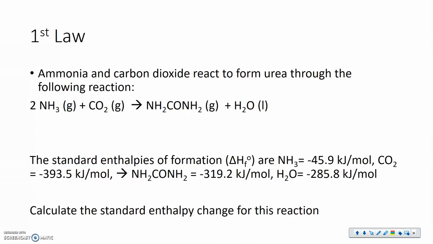So, for example, ammonia and carbon dioxide form urea and water. The enthalpies of formation have been given to us. If they weren't given to you, you could look them up. The first part of the summation law is to calculate each of them by their coefficient. So this one we would have to multiply by 2 since we have 2 ammonias.